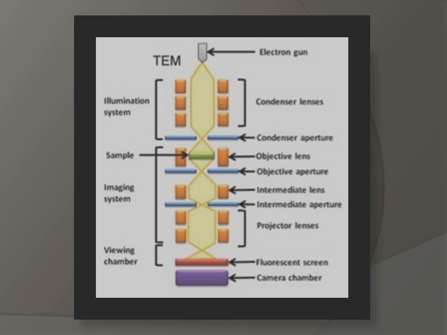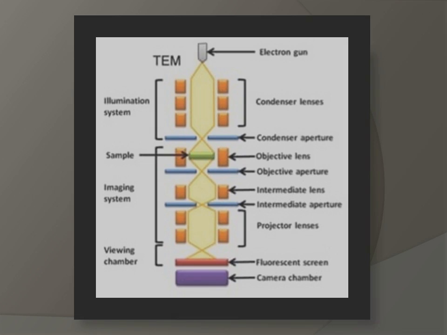The next system is the imaging system, and you can see the intermediate lens between the objective lens and the projector lens, and there is also an intermediate aperture. The last one is the viewing chamber. After the transmission of electrons through the sample, the image gets magnified, and it follows the projector lenses to project in a particular view.